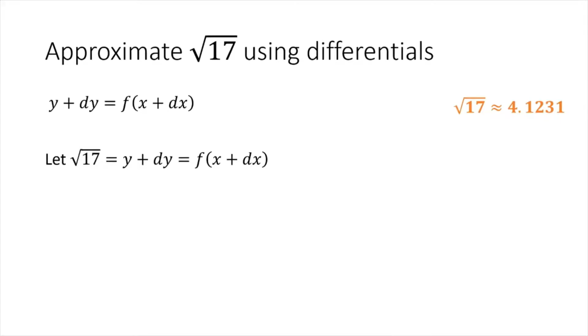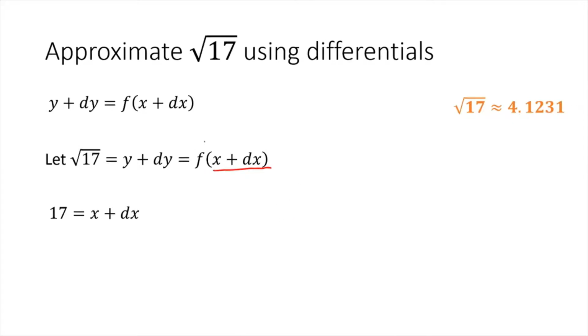The next step is to take out the operation involved. In this case, the operation involved is taking the square root of a number. So you take out the operation, which is taking the square root, and then we'll focus first on the value, or the radicand in this case, which is 17. Then equate this 17 to x plus dx, which is this one.